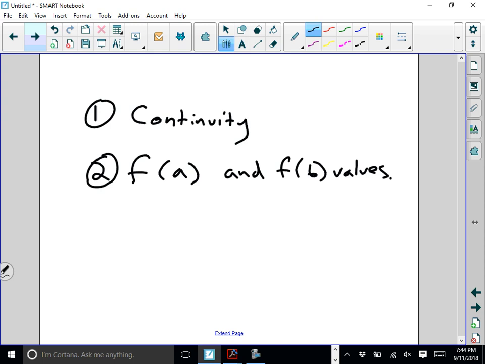Then the third thing you must do is your reason must state that it's because of the IVT. Okay, so those 3 things need to be present. I'm going to be looking for all 3. If you don't have all 3, you will not get full credit for the problem.